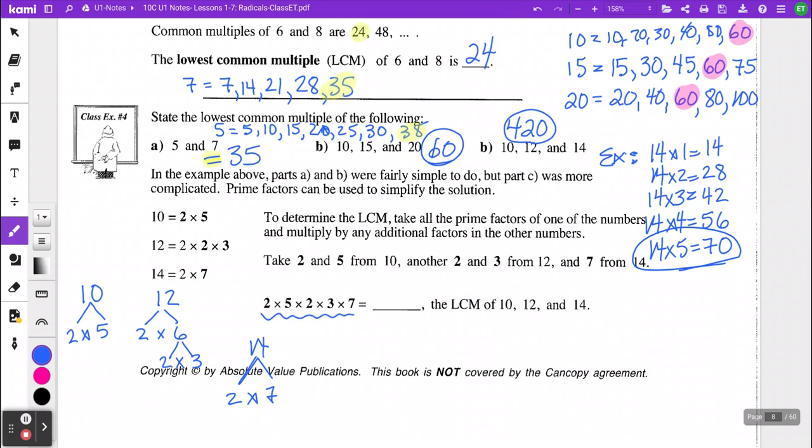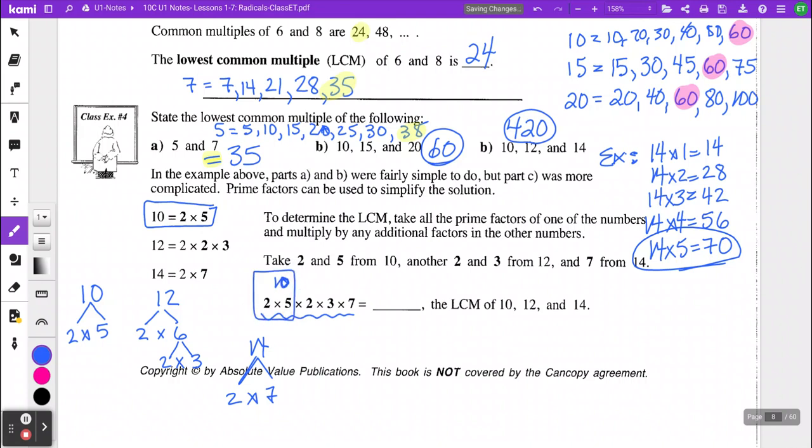So first of all, we take the prime factors of one of the numbers and we add the additional ones. So my smaller number, I would take this number. My prime factors are 2 and 5. So we're taking the 2 and 5 from the number 10. So that's where those two numbers come from.